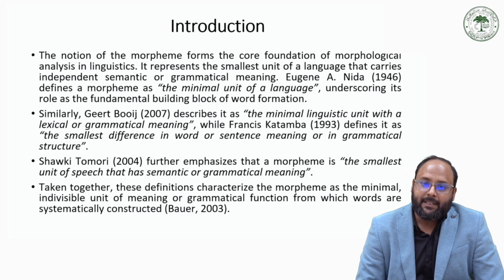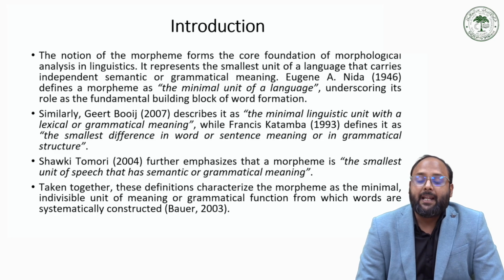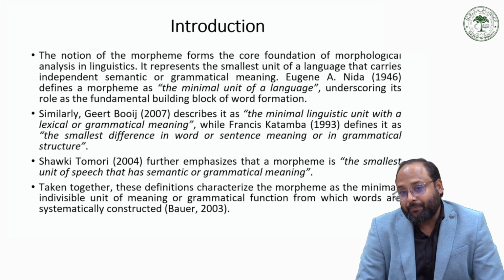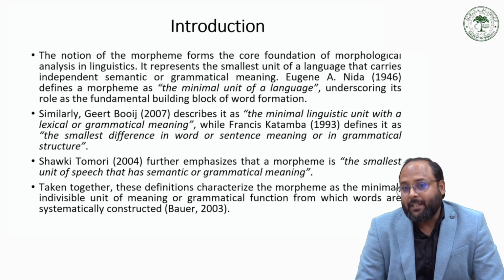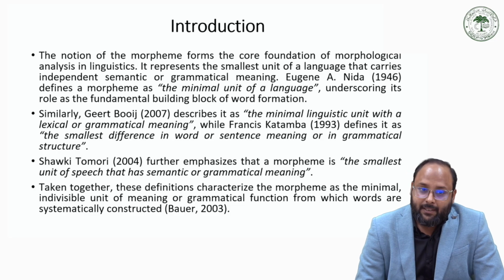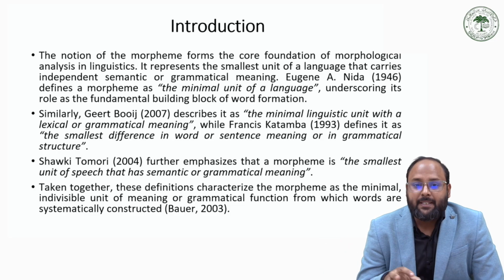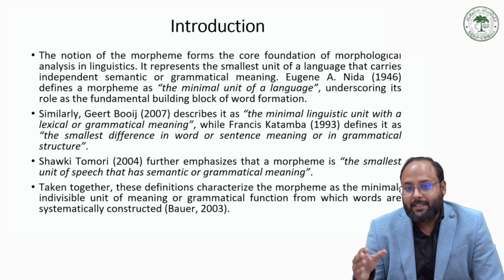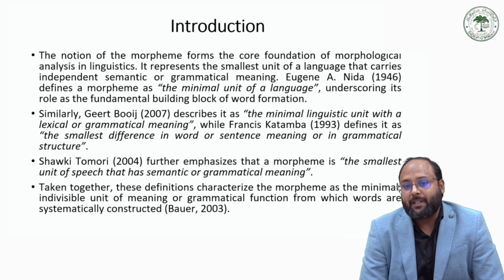Similarly, Bloch describes it as the minimal linguistic unit with lexical or grammatical meaning. And Katamba defined it as the smallest difference in word or sentence meaning or in grammatical structure. This means that if there are differences in the structure, it will change the grammatical structure or sentence meaning.